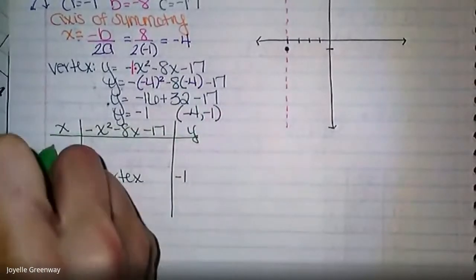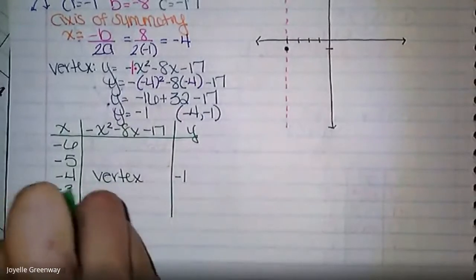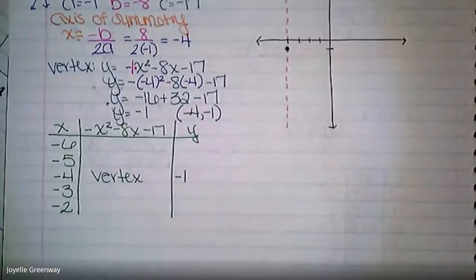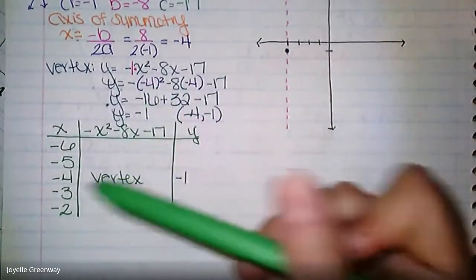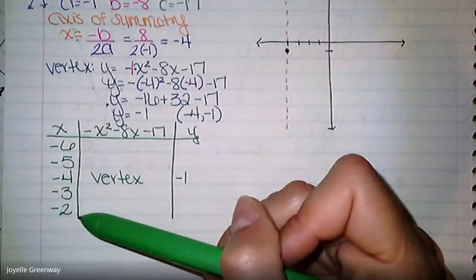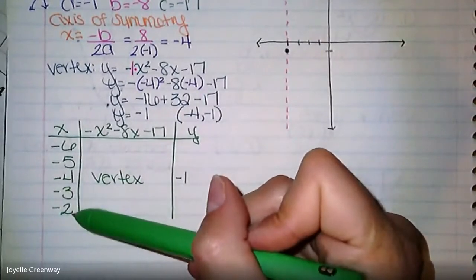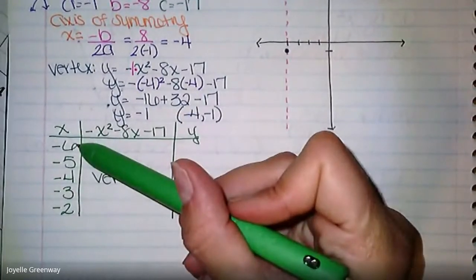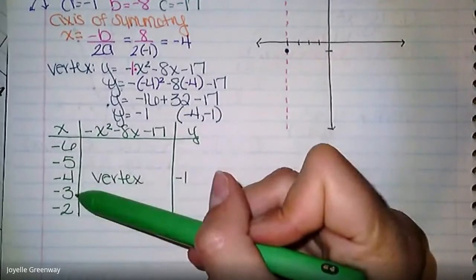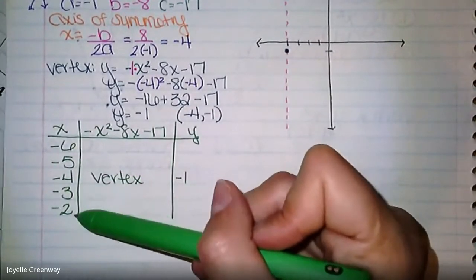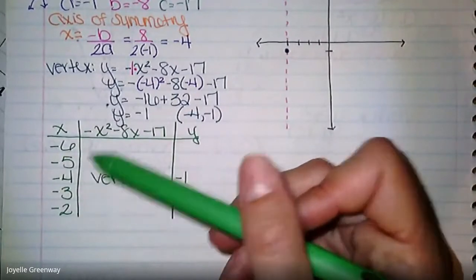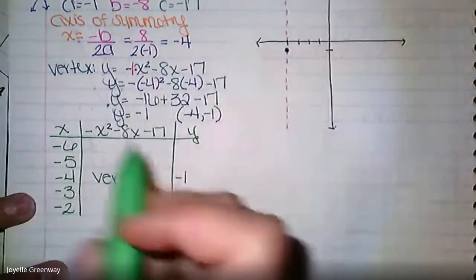So I want negative 5 and negative 6 and negative 3 and negative 2. Okay. So remember how I said it doesn't matter, you're going to get the same math? Well, I like working with smaller numbers better. So if I find my value at negative 2, I'll know my value at negative 6. And if I find the value at negative 3, I'll know my value at negative 5. So I'm going to find my values for negative 3 and negative 2 because I like working with smaller numbers.